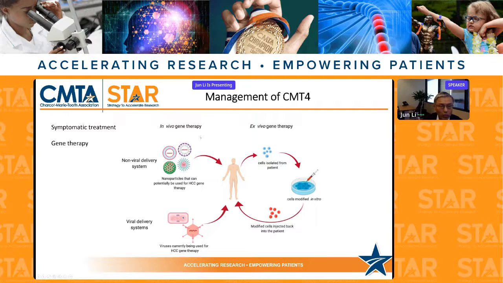The way to do that is either to deliver the gene through a viral vector, like the one shown here, or through systems that are not viral vectors, such as nanoparticles or other vehicles that bring the gene products into the human cell.